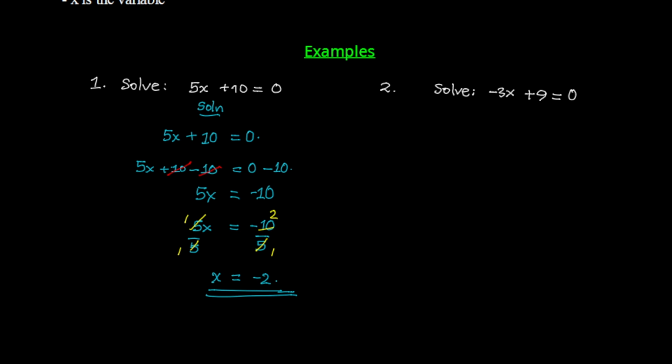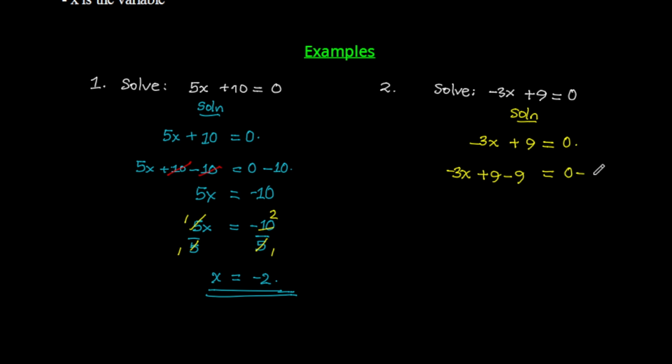And then we do the same. We rewrite negative 3x plus 9 equals 0, and then we subtract 9 from both sides, so we have negative 3x plus 9 minus 9 equals 0.